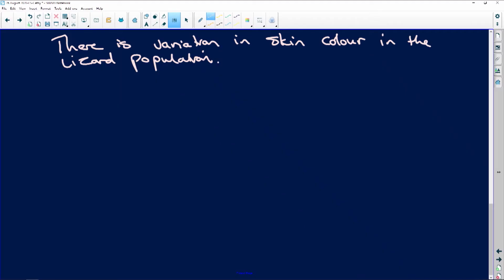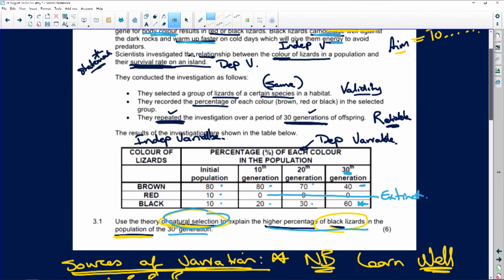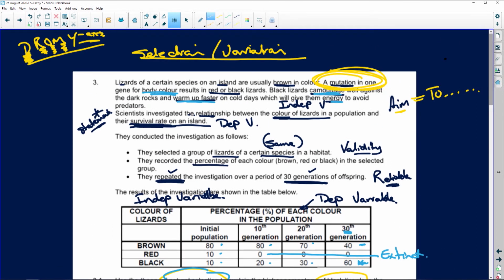So we go back to the question, and the question said you've got your black and your red lizards, all right? The black lizards are well camouflaged, but look here. What do you think happened to the little red ones here? What happened to them? They died out.